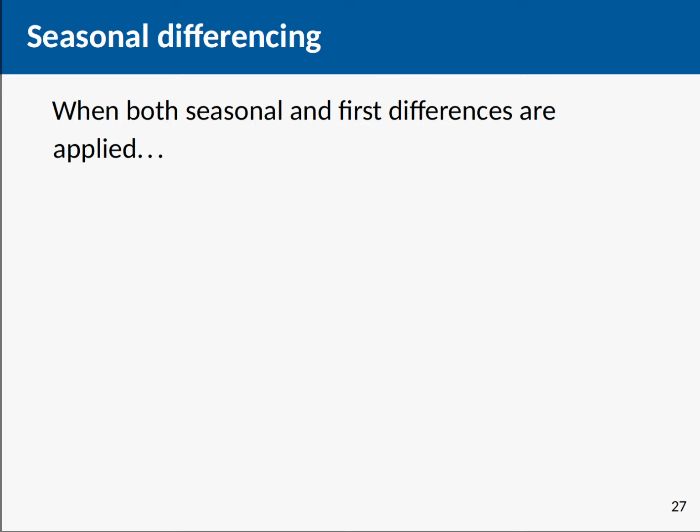So whenever you're trying to apply both types of differencing, one is between subsequent observations, which is your regular first differencing, and the other is seasonal differencing, which is between the observation today minus the observation from last year in the same seasonal period.